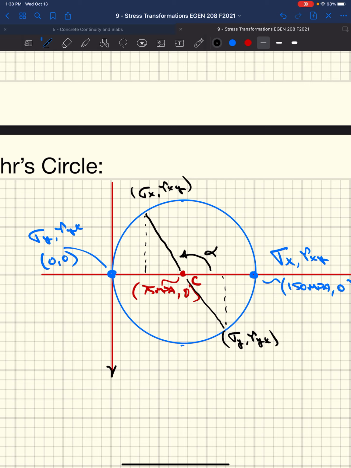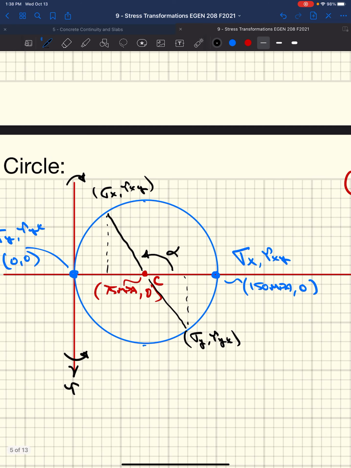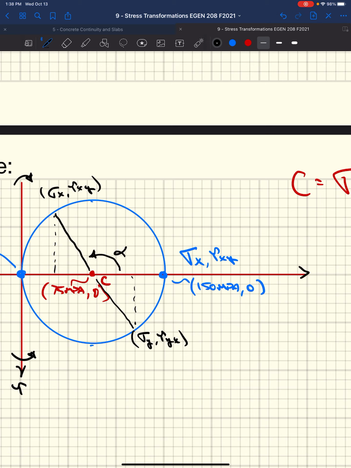I guess I should probably add in that this is shear stress. Positive, we have counterclockwise rotation below the x-axis, clockwise above. This is also sigma, normal stress, positive to the right, or tension.